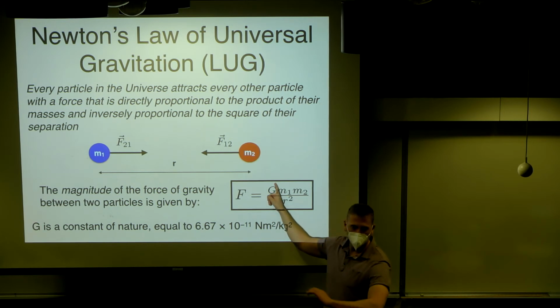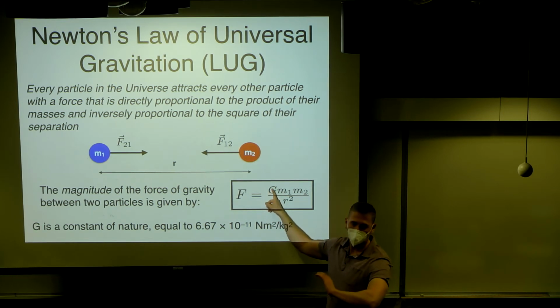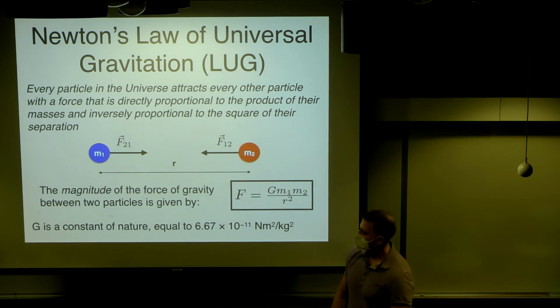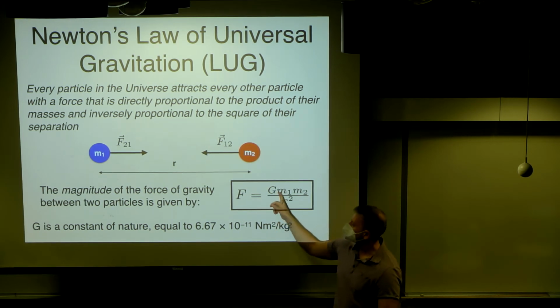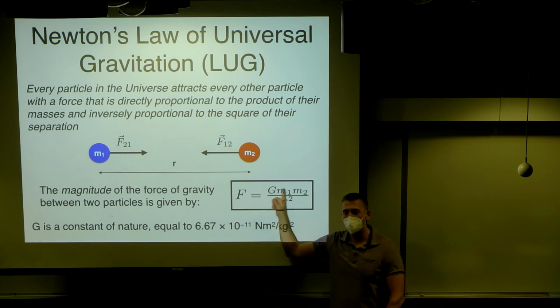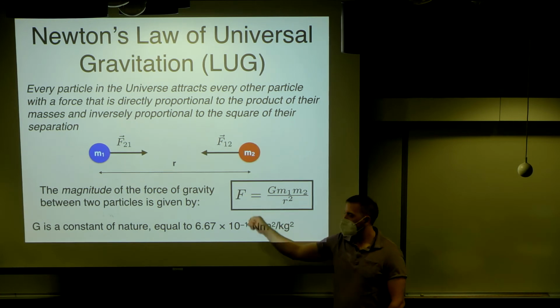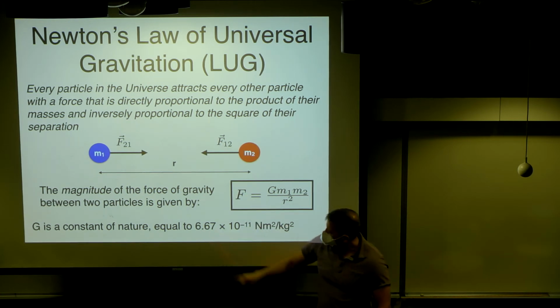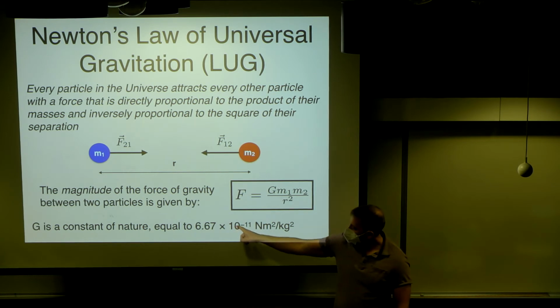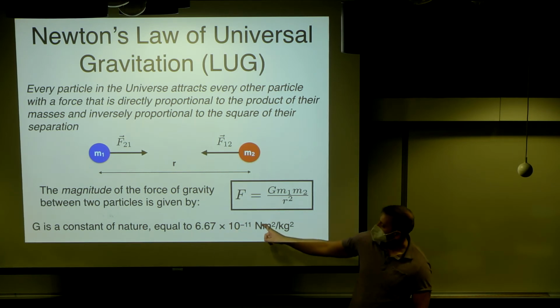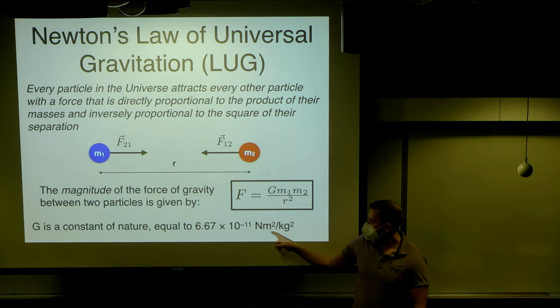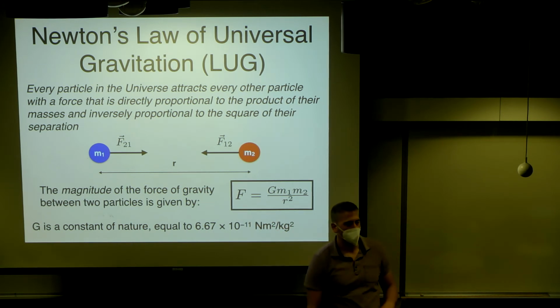This is universal. This describes gravity anywhere in the universe. This is far more general. And this constant basically tells you how strong the force of gravity is in general. It's equal to 6.67 times 10 to the minus 11. The units are a little bit weird: Newtons meters squared per kilogram squared.